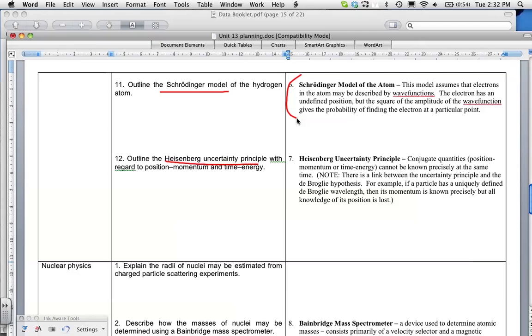What he looked at was that an electron could be viewed as a wave function, where the square of the amplitude of the wave function gives the probability of finding an electron at a particular point. So here we have electrons being viewed as waves, and the probability of finding them.